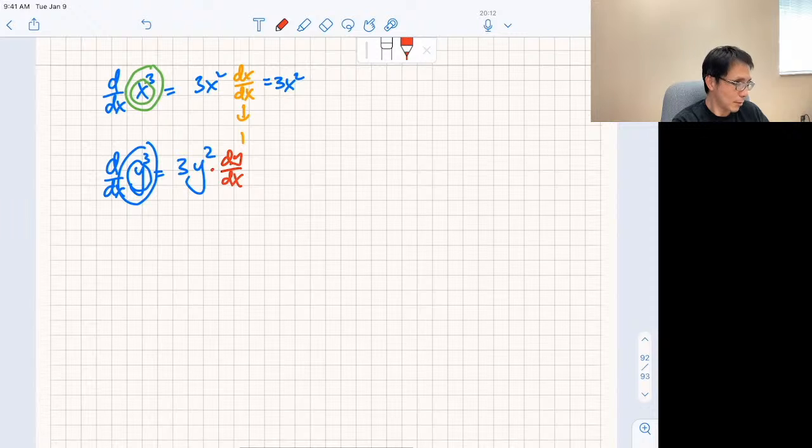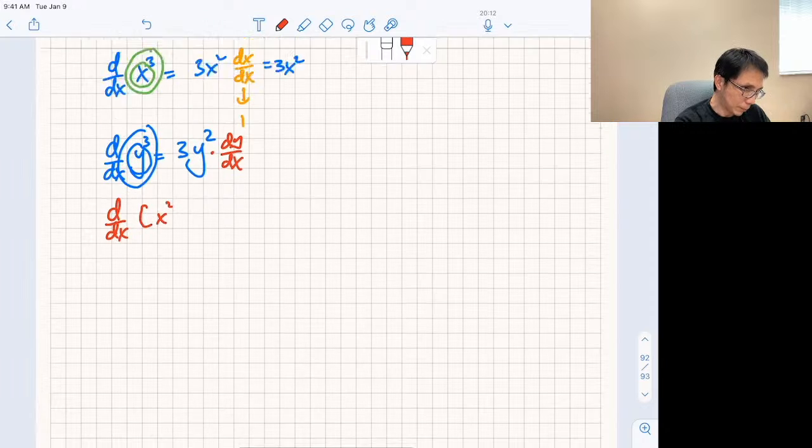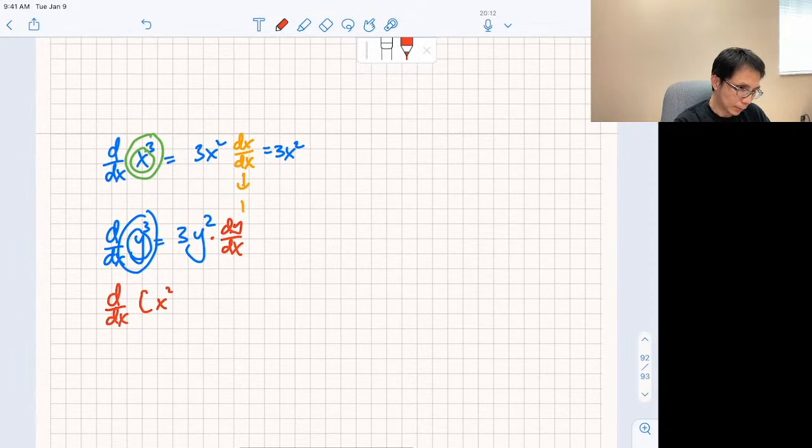Does that make sense? Yep, Xavier? If we're using chain rule for that very top equation for x cubed, why don't we multiply by the derivative again?